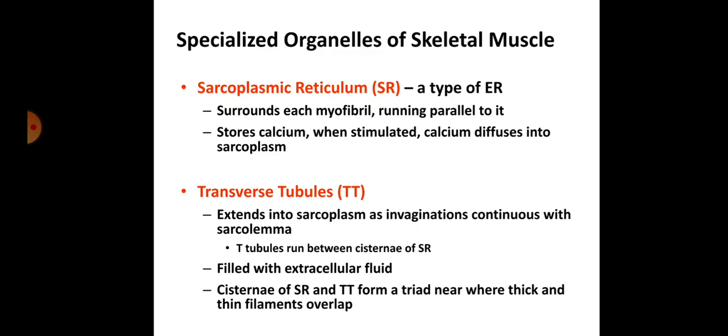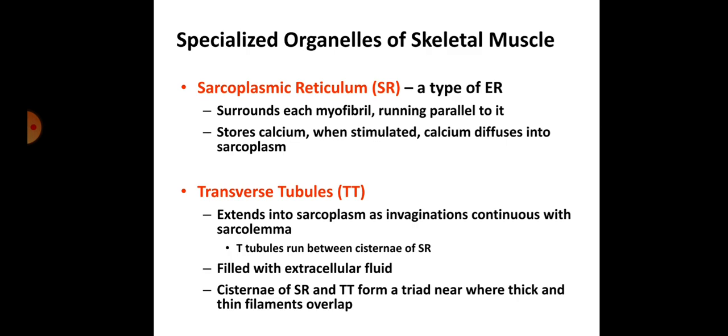The second specialized organelle of the skeletal muscle is the transverse tubule, denoted by TT. This extends into the sarcoplasm as invaginations and is continuous with the sarcolemma. T tubules run between the cisternae of the sarcoplasmic reticulum.